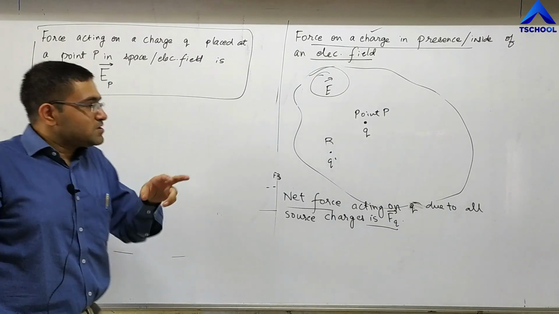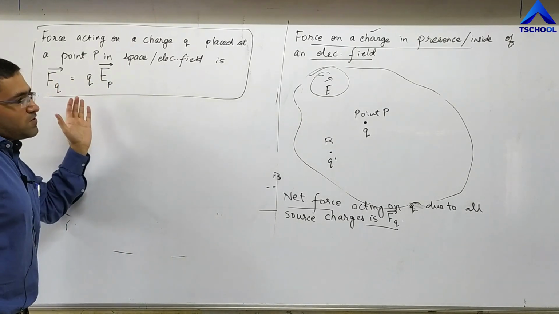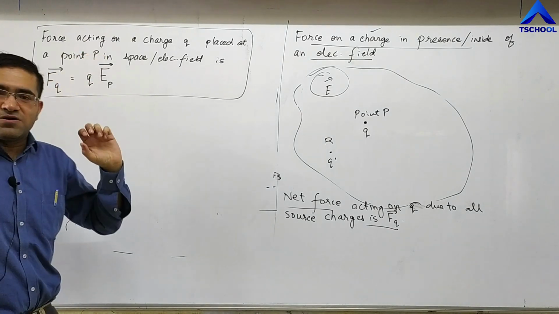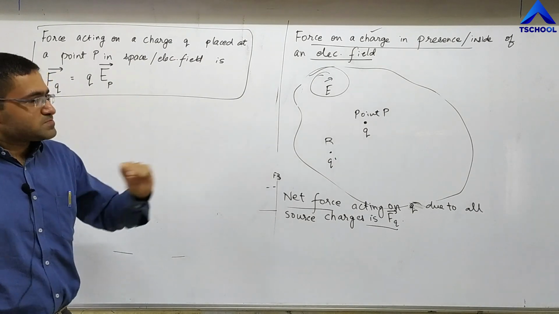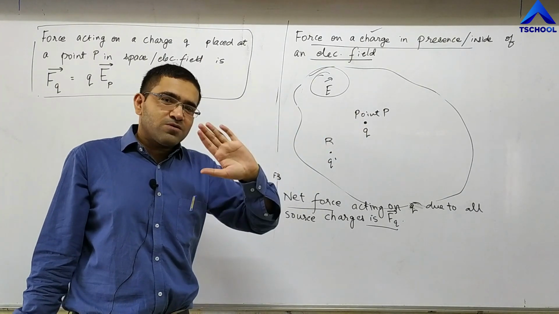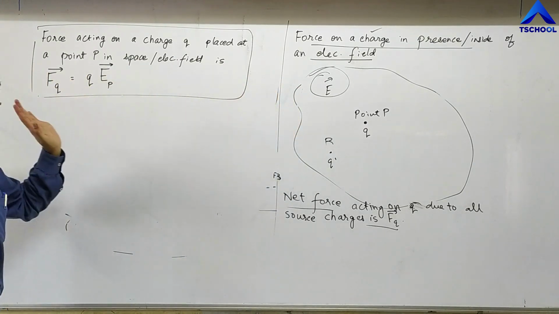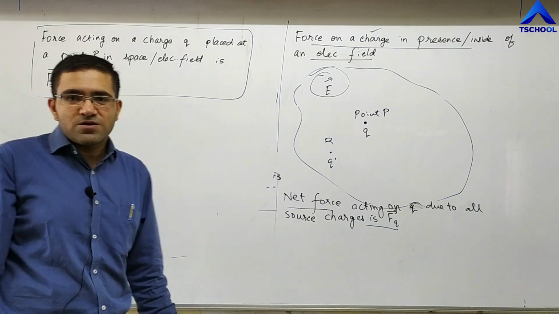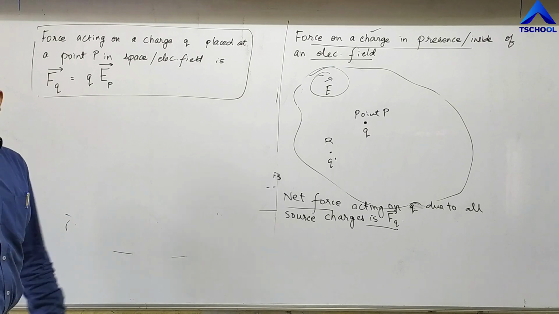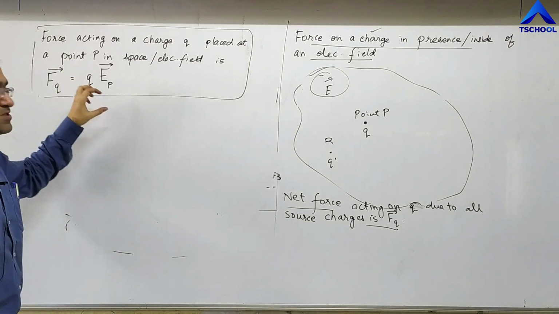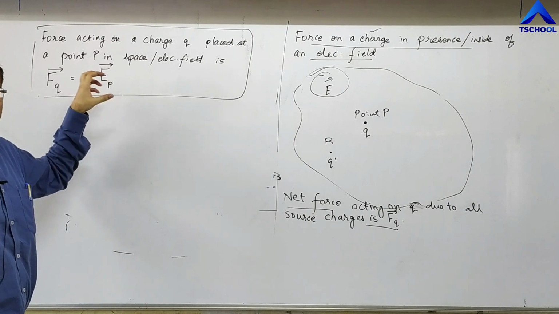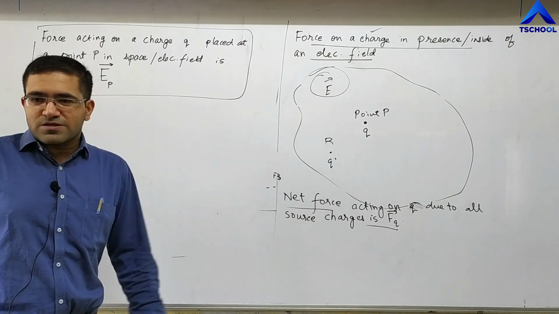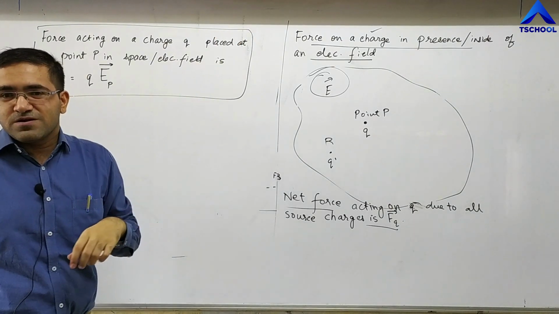The second method is that instead of trying to find individual forces, if you know the electric field at that point where you are putting this charge, you just multiply it by the charge Q that you have put up there, and you get the force. So that's the reason why we need this. That's why I encourage you to use this formula. So that's what we have about the electric field.